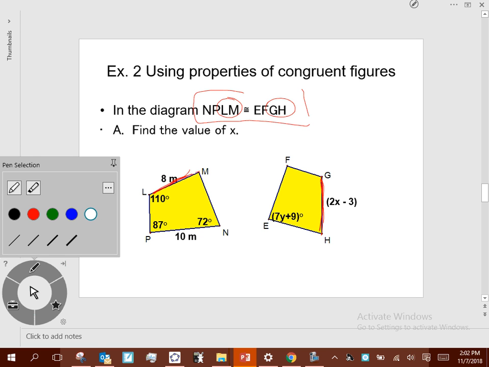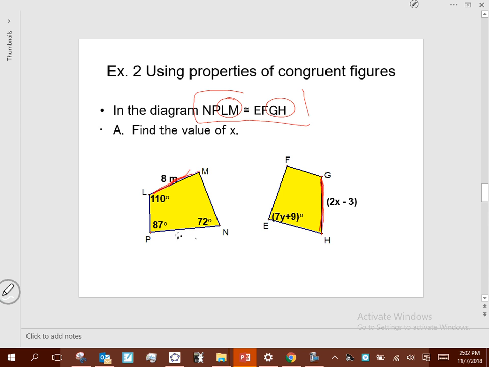Some will do this. Pretty obvious what I have to set 2x minus 3 equal to now. Remember, we got one option, right? And the other thing they'll do is they'll wipe this one away, they'll wipe that one away.